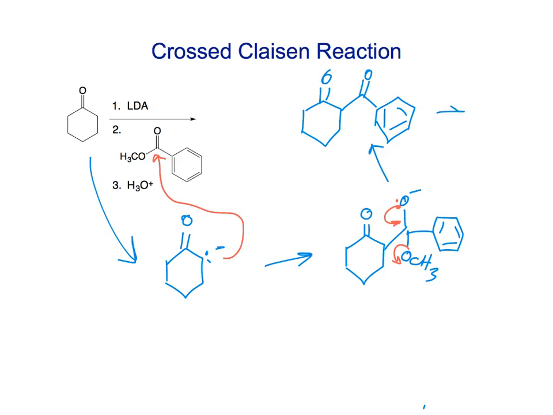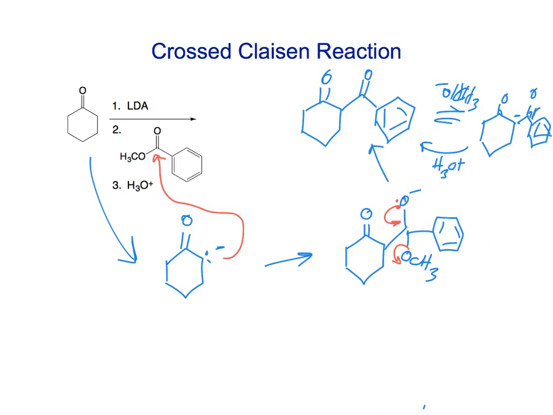So this would also have an equilibrium, just like the last one. I don't know if I can fit it in here. That would make the anion like this, and then we could reprotonate. Okay?